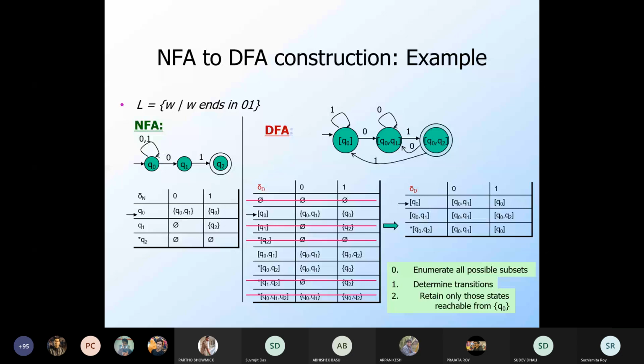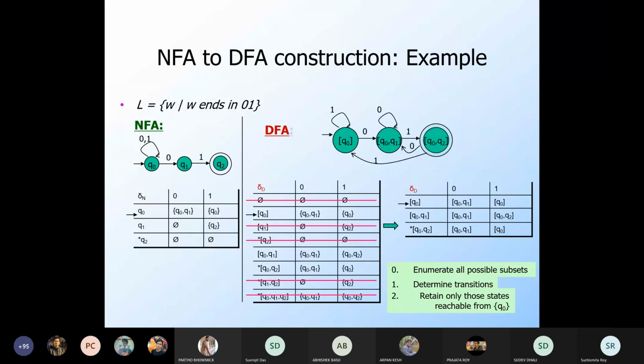So this is the fundamental NFA to DFA conversion by subset construction: constructing the power set and then finding transitions. But as you can see, we have done a lot of work which we had to throw away, because there are a number of subsets which we are not going to be using.